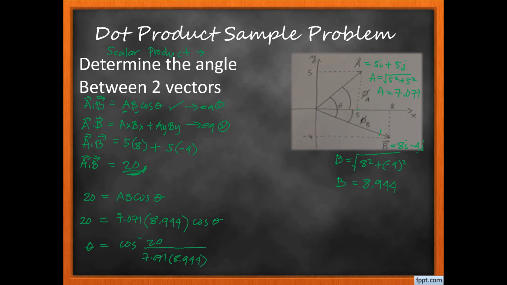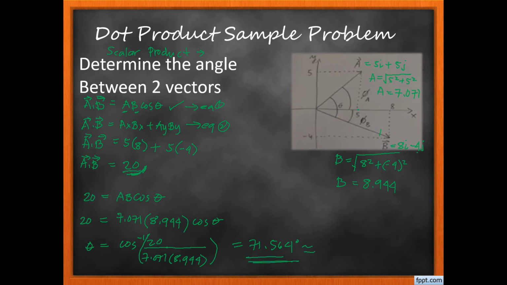Okay? Yan, inverse cosine. Tama ba? Okay, so tama. So theta natin is equals to 71.56 degrees approximately.